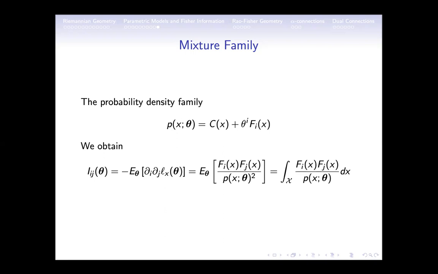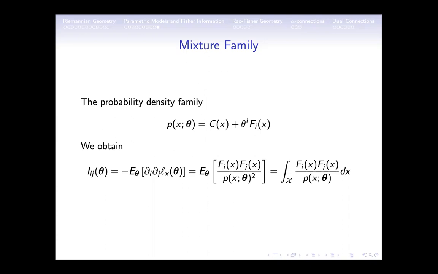So the mixture families are just the probability families given in this manner: p(x, theta) is c(x) plus theta^i f_i(x). Again we are using the summation convention, so there will be a sum over all the theta^i's. And g_ij is defined as the ijth element of the Fisher information matrix.